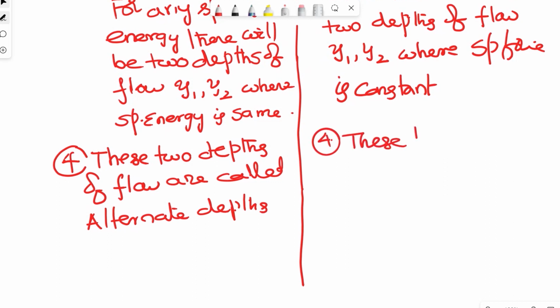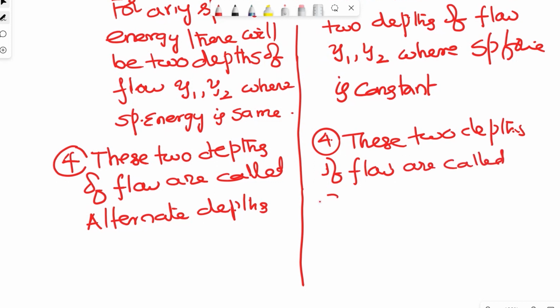These two depths of flow, where specific force is the same, are called conjugate depths.